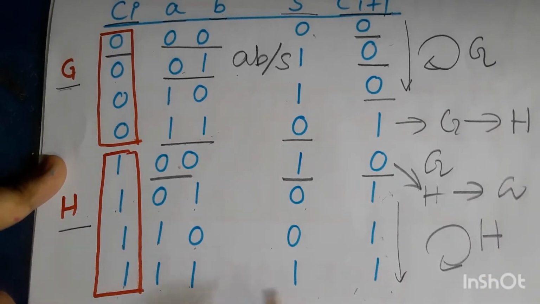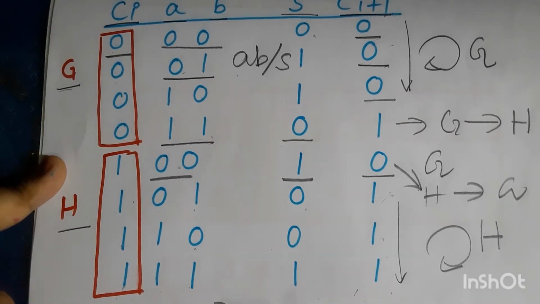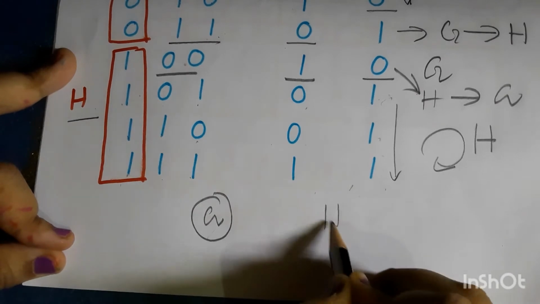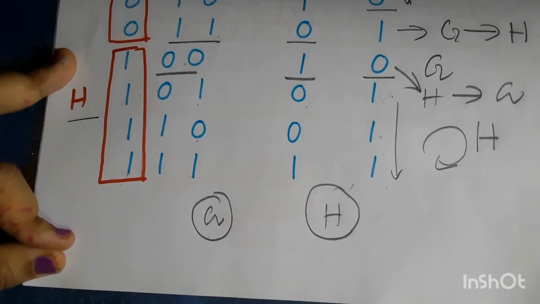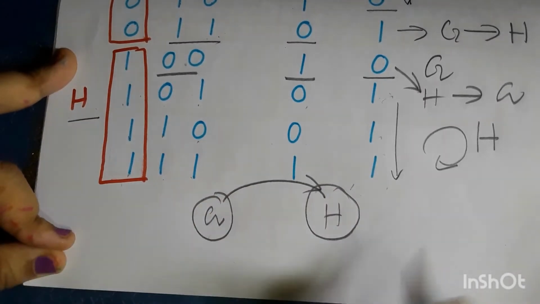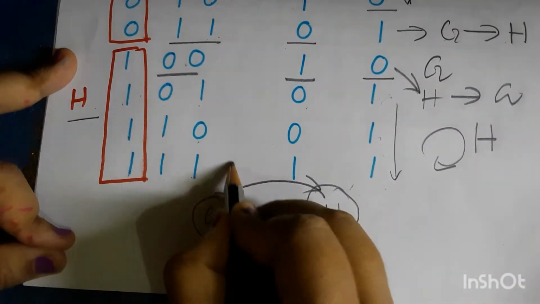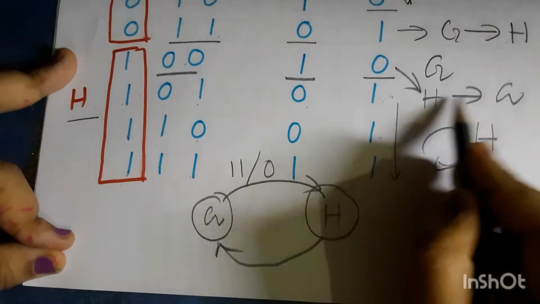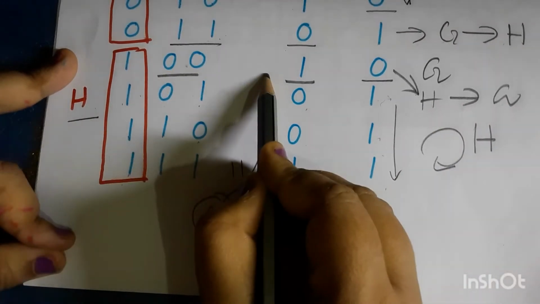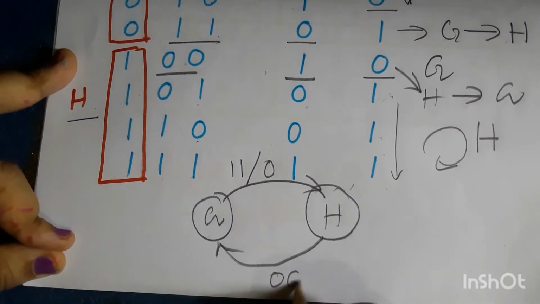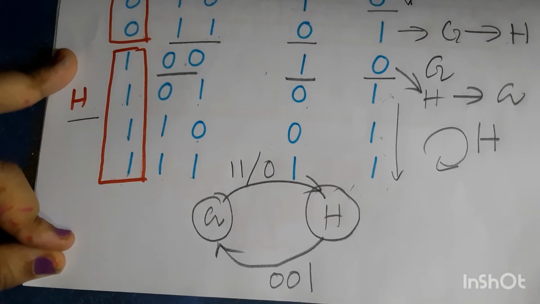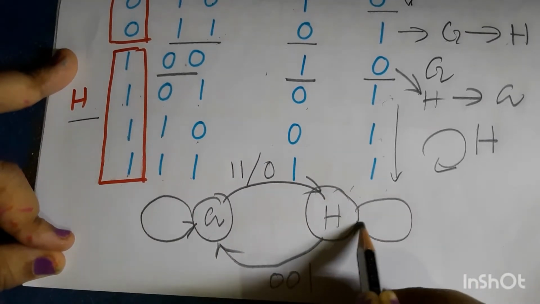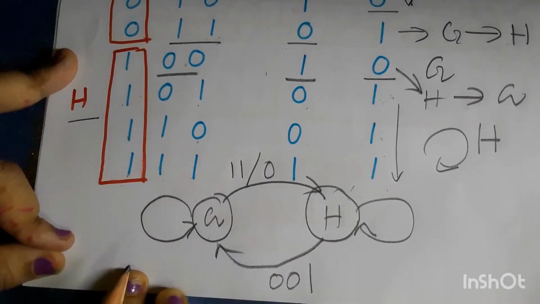So this is how we have built G and H. The G to H transition would happen from 1 1 0. The H to G transition will happen from 0 0 1. When would it remain in the G state?